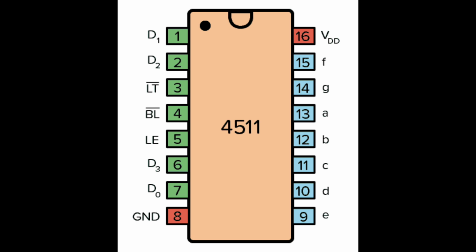This IC has functions which include a display test pin, which turns on all the LEDs when toggled high, a blank input pin, which when toggled high turns off all LED segments, and finally a store pin, which keeps displaying the current number. For all of these inputs, the IC continues to count internally.